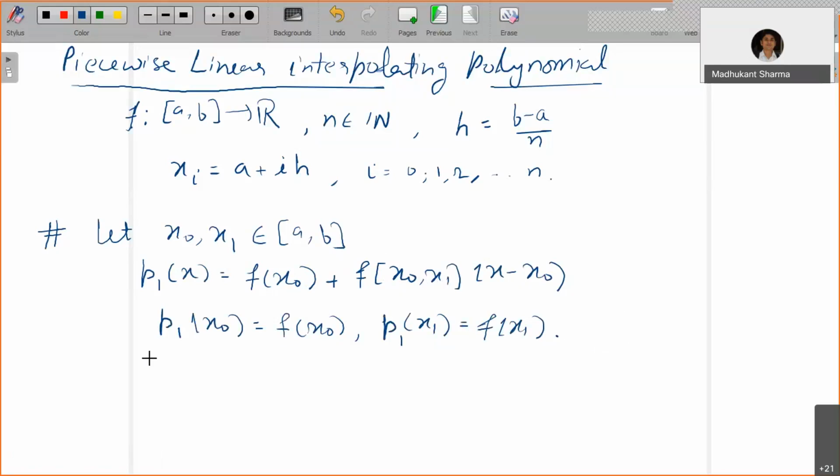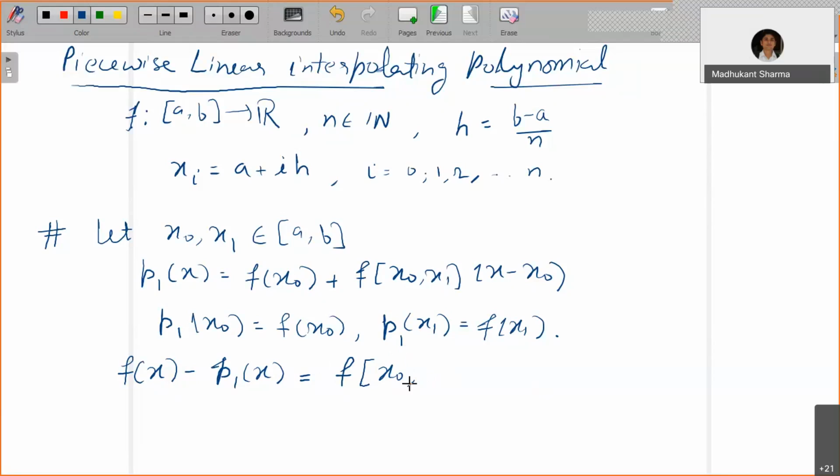Okay, and if you also recall the error here: at any point x between x0 and x1, the error is f(x) minus P1(x). We have also seen that in terms of divided differences, when we are not aware whether the function is differentiable or how many times it is differentiable.